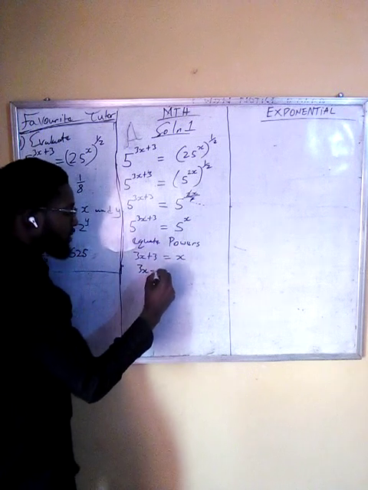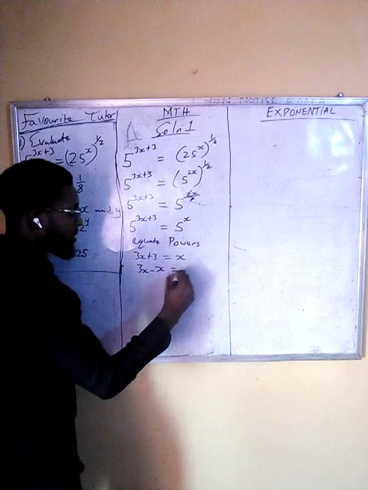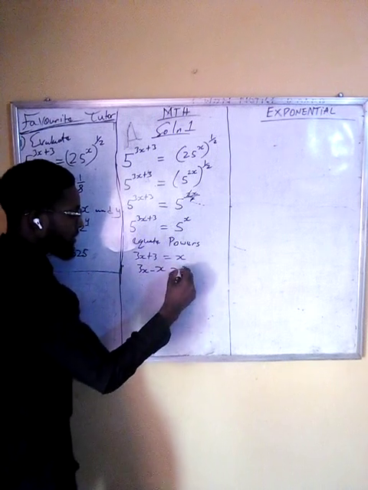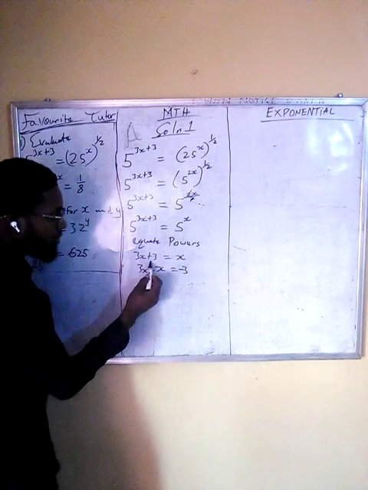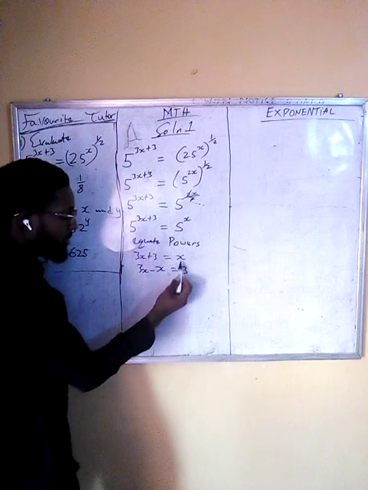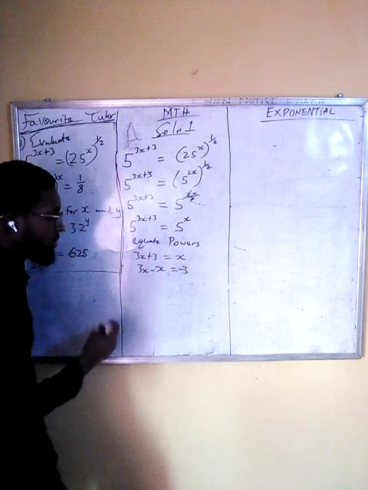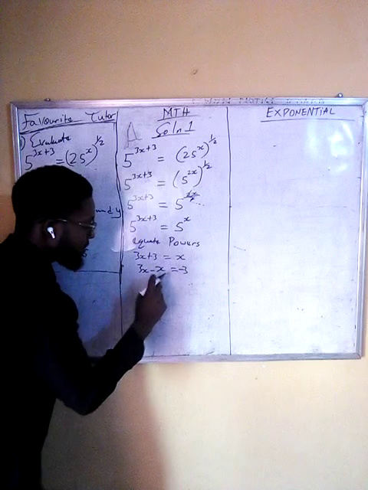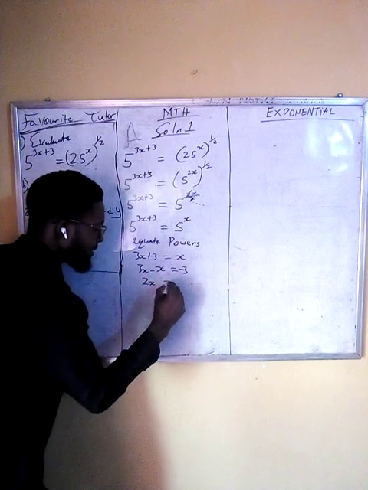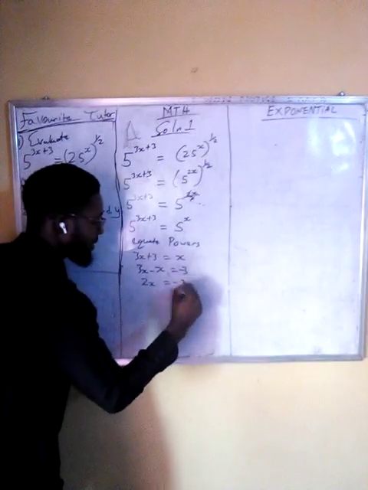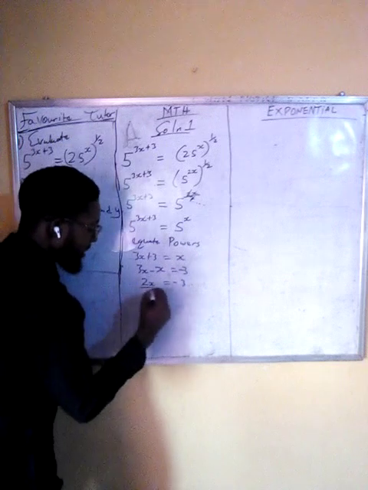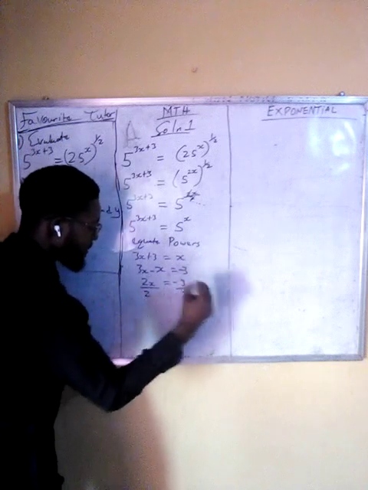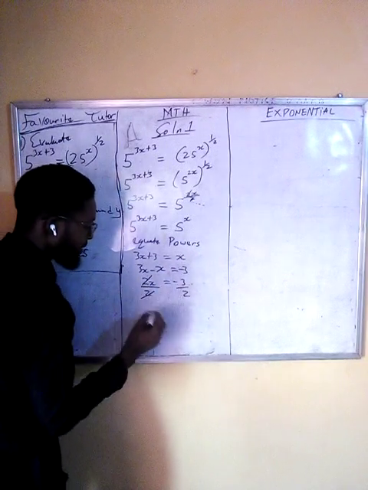This is 3x minus x equals to minus 3. We take 3 to this other side, it changes to minus. Take x to this side, it changes to minus. So 3x minus x is 2x equals to minus 3. So we divide both sides by 2.